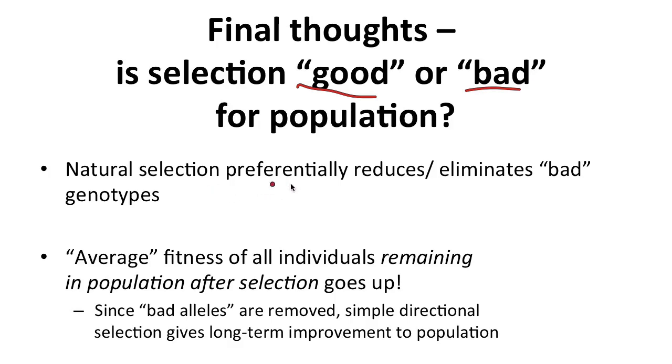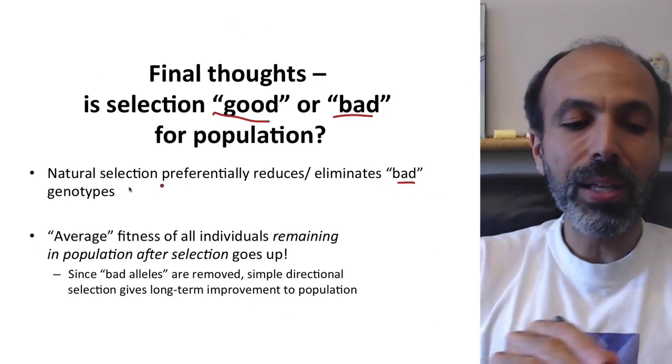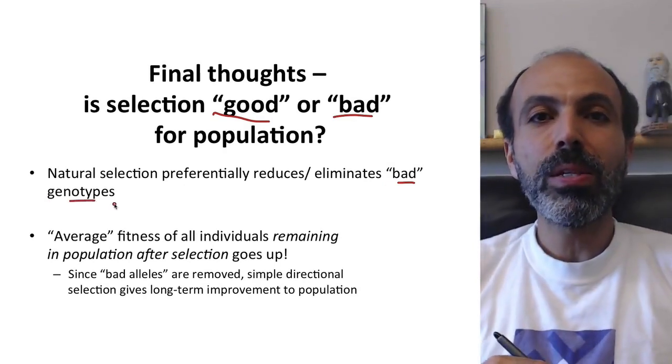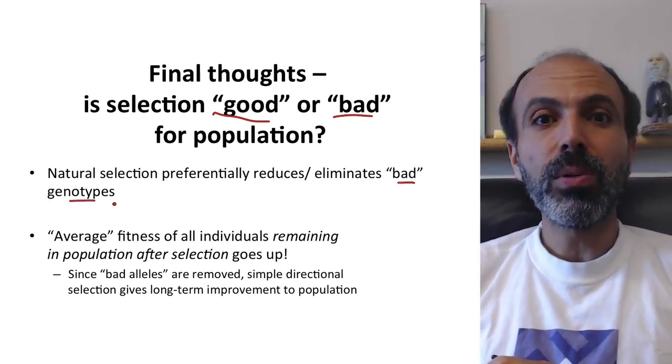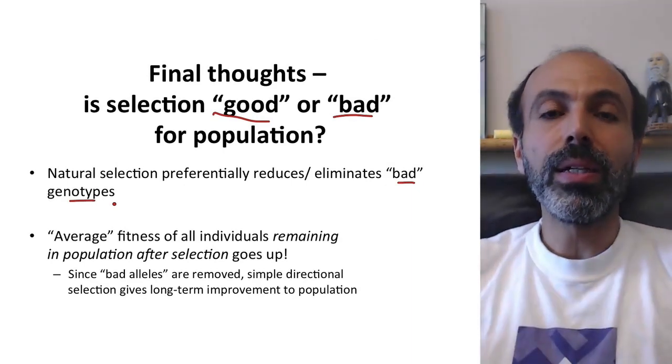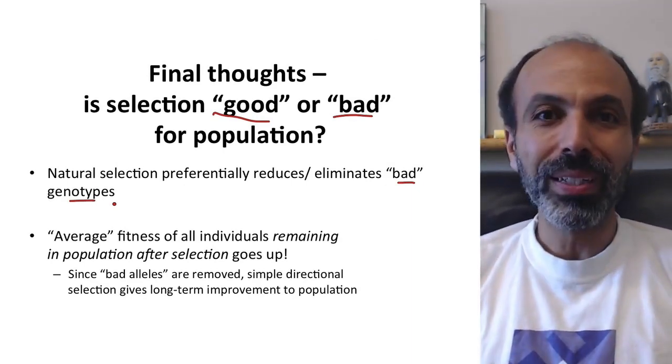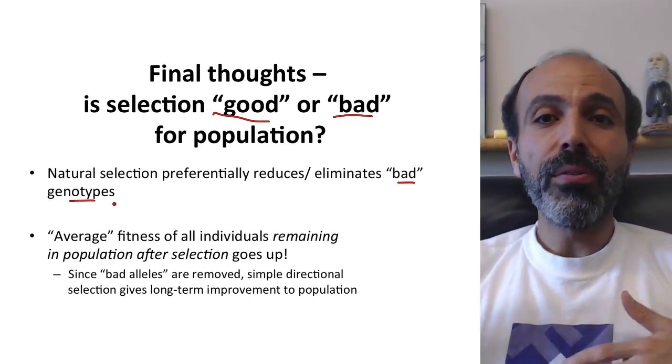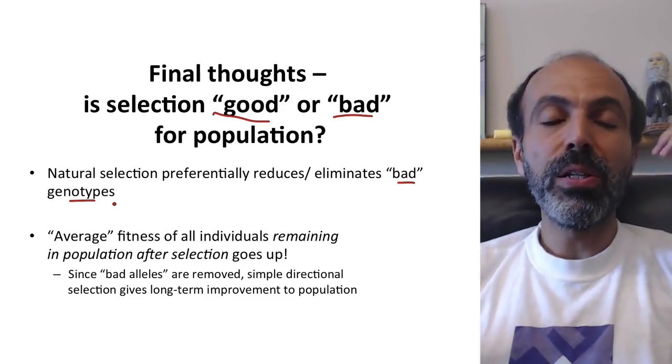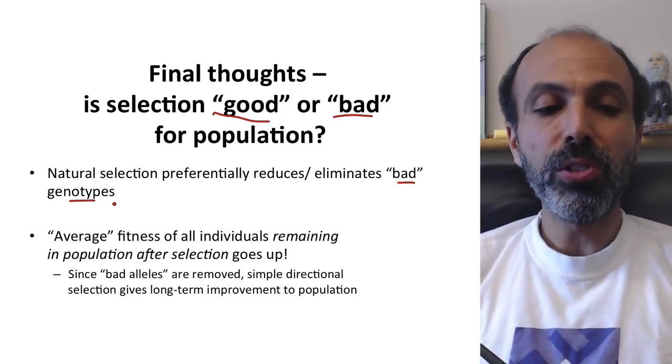Natural selection is preferentially reducing or eliminating the bad genotypes. When I say bad genotypes, it's those ones that are not as well suited to passing along or producing offspring, right? So either they have a deficit in survival or they have a deficit in reproduction relative to other genotypes.